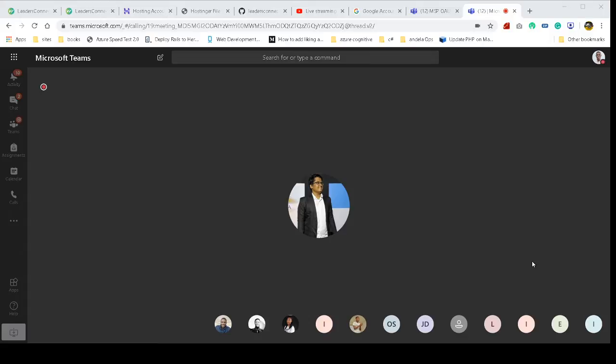So from the Azure portal, we have a lot of services Azure offers. But we're interested in creating Cognitive Services, which is a feature of artificial intelligence.